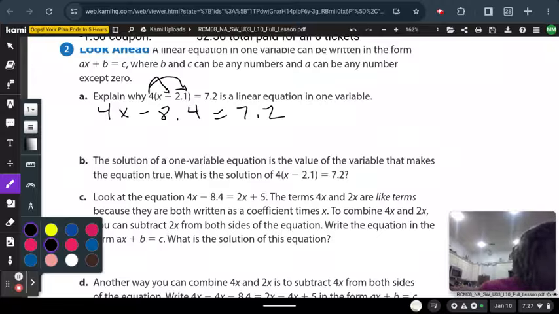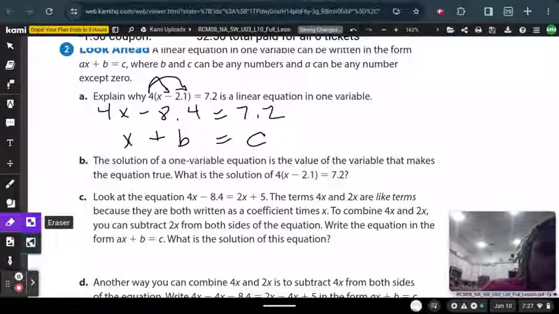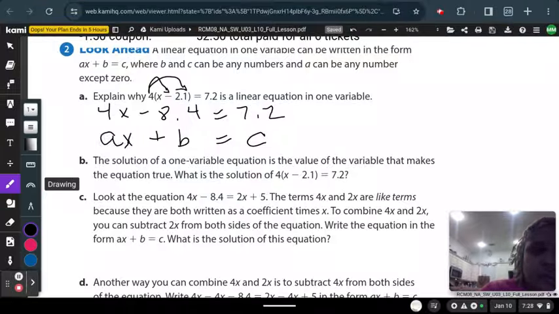When we do that, it is written in the form ax plus b equals c.